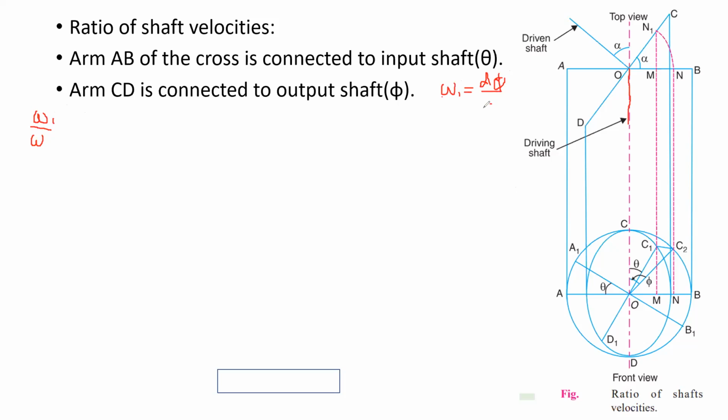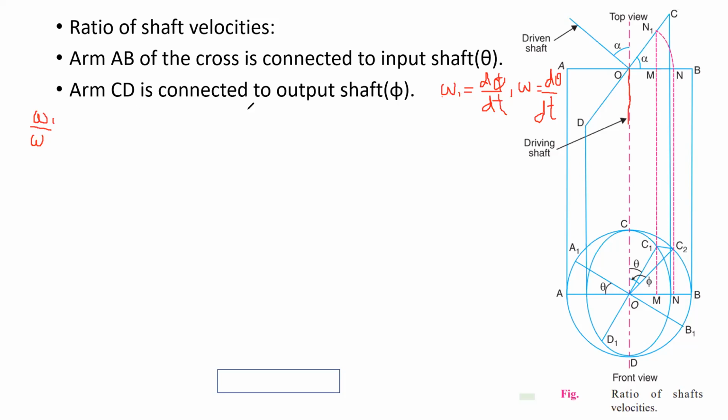Its rate of change with respect to time is omega 1. Similarly, omega is the input velocity, which can be written as the rate of change of input angle. Input angle is theta, d theta upon dt. Okay, we want to find the relation between these two.